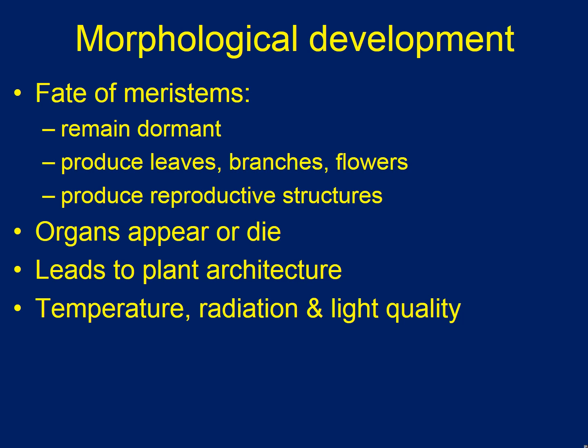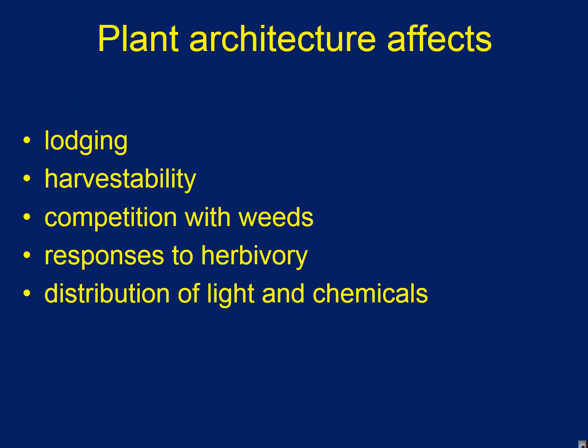They may remain dormant, produce leaves, branches, or flowers, or produce reproductive structures. The organs appear or die, and that leads to the plant architecture. This is in response to temperature, radiation, and light quality.